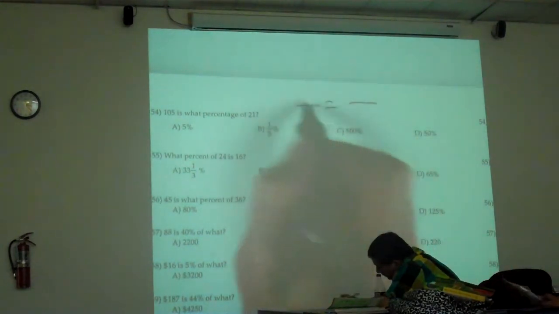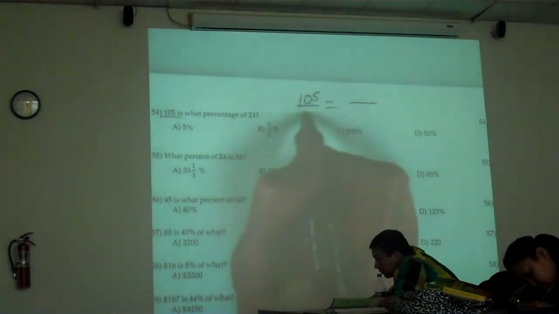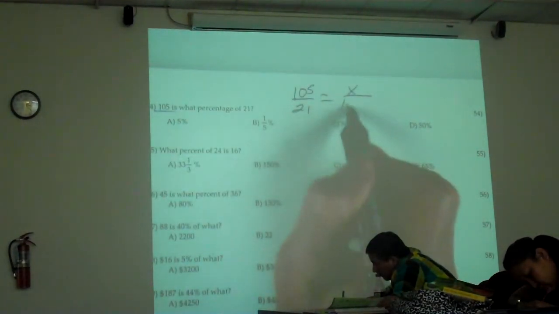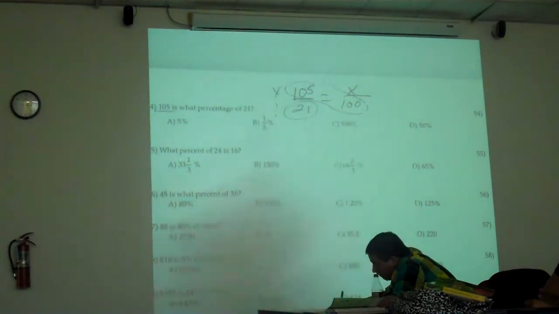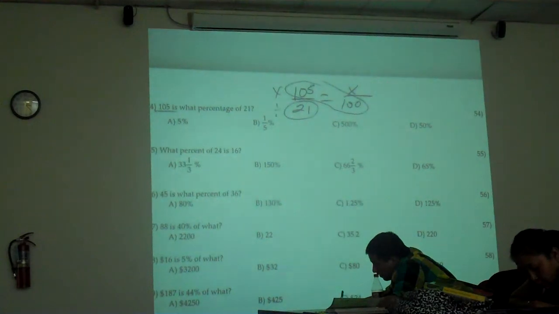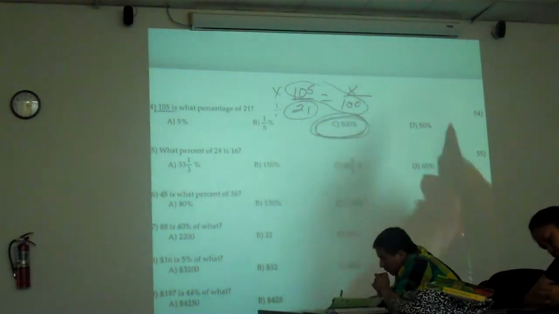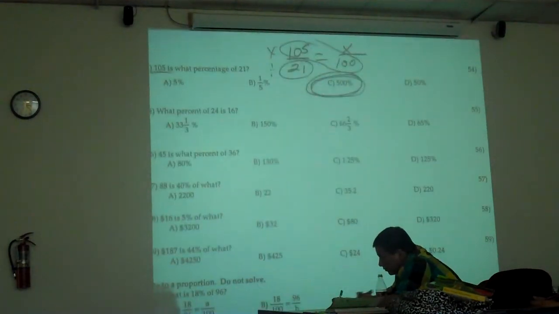Is 105 of 21%, you don't know. Multiply, divide. 500. You realize you're not having to move your decimal, right? You just do it, you get the answer.